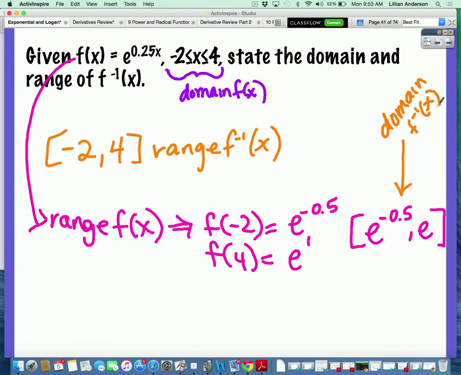Remember, everything switches. If you can figure out the domain and range of your original, you know the domain and range of your inverse. So the orange is your answer.